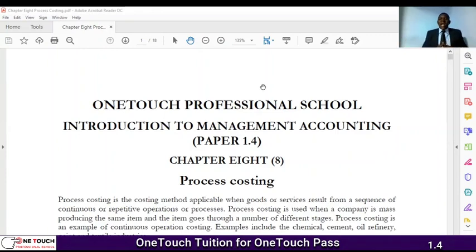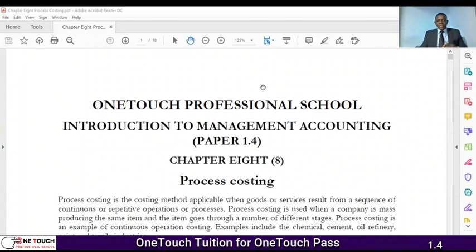And so how do we cost such products, where they go through several stages before they come out? Process costing seeks to give us guidance and direction as to how costing under such circumstances could be carried out.